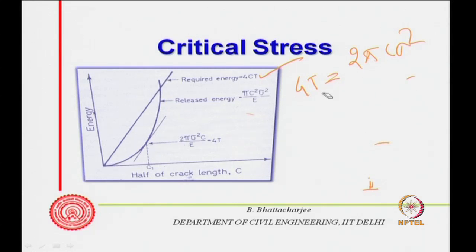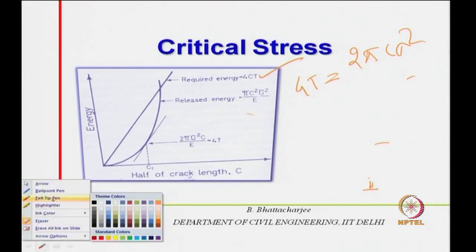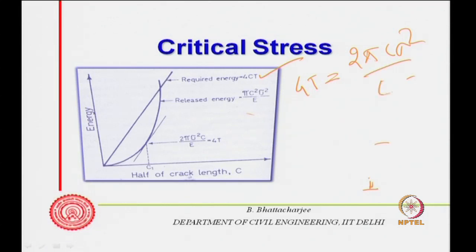Therefore, you can find that sigma equals 2 t E divided by pi c, everything under root.